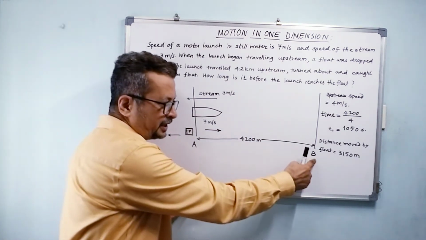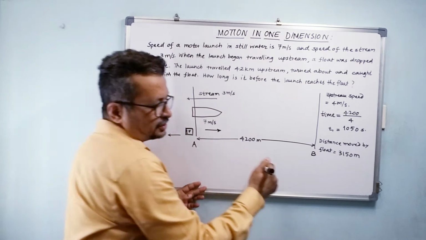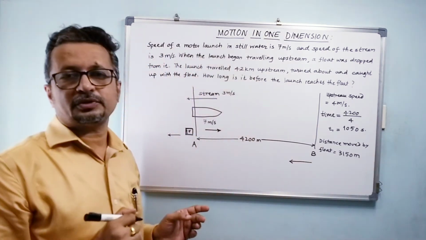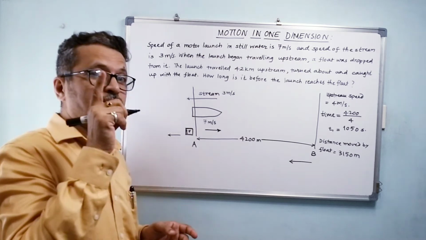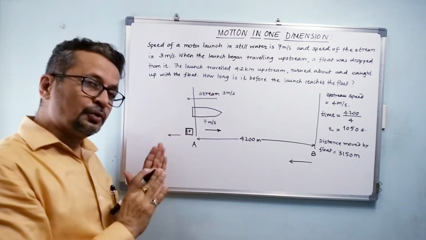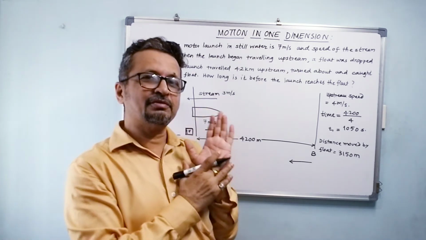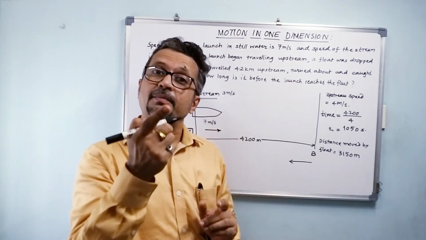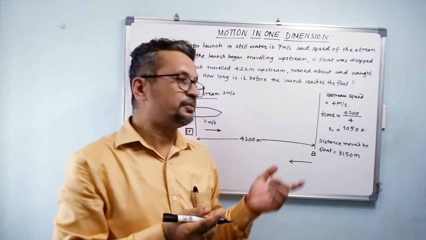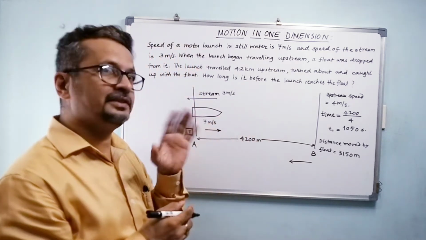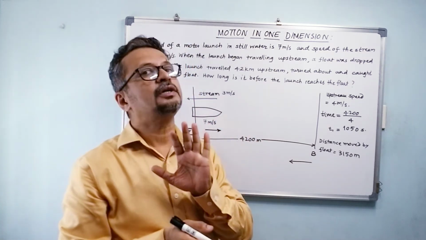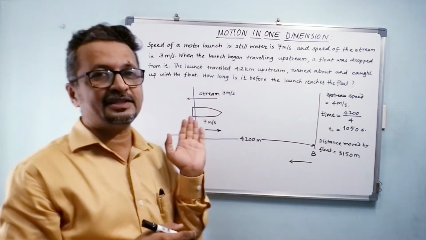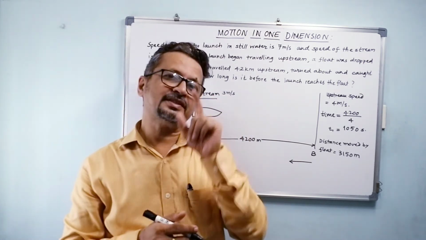Now my launch is going to turn about. My float is still moving with the stream, with a speed of 3 meter per second. My downstream speed for launch is going to be how much? It is 7 meter per second in still water, and now it is assisted by the stream speed, so it would be 7 plus 3.